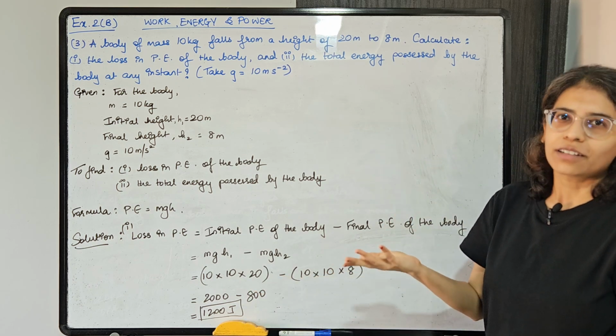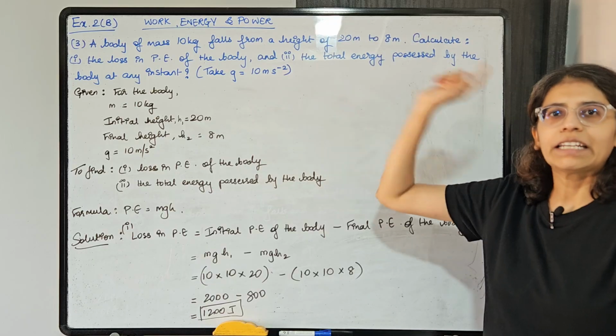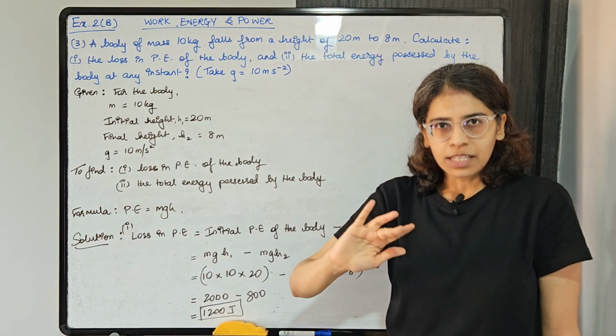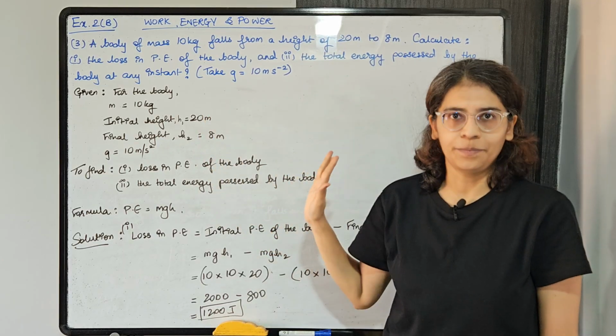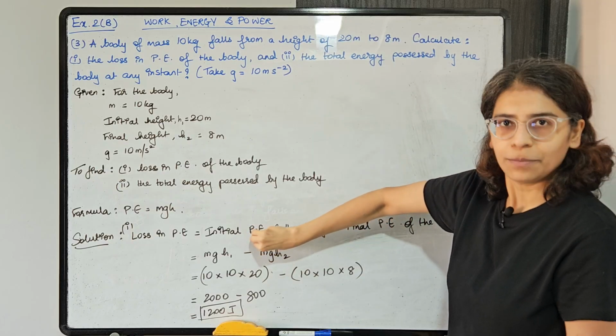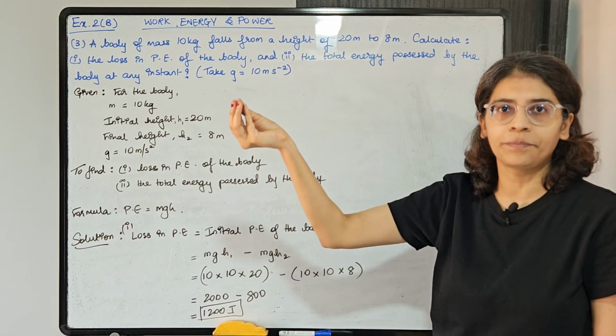Now second part. In the second part you need to find out the total energy possessed by the body at any instant. Total energy possessed will be the maximum energy that the body had. Maximum energy the body had initially, when it had maximum height which was 20 meter.